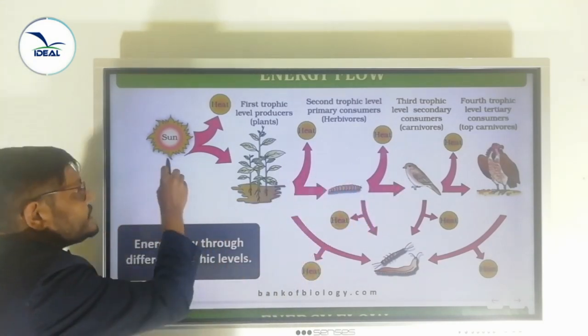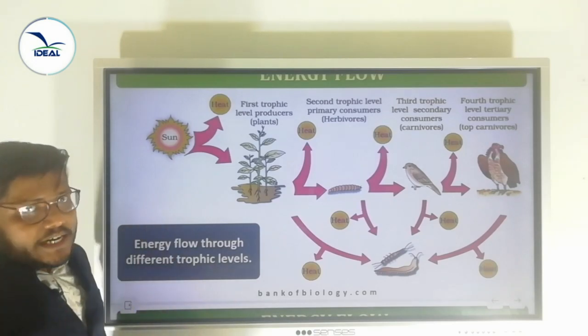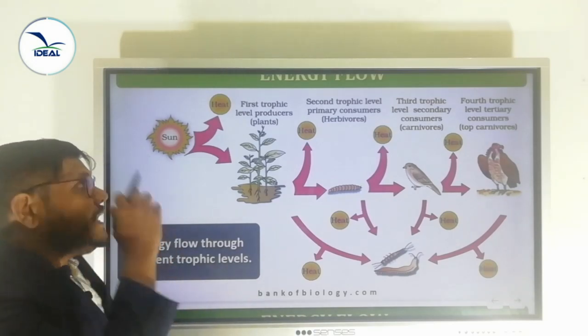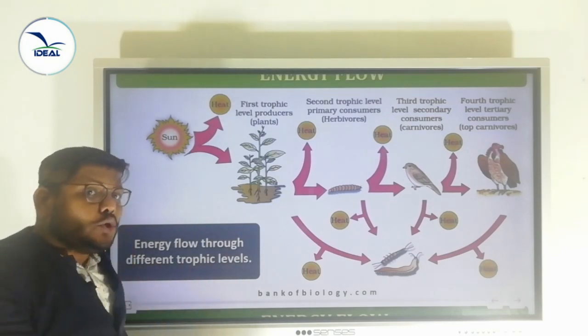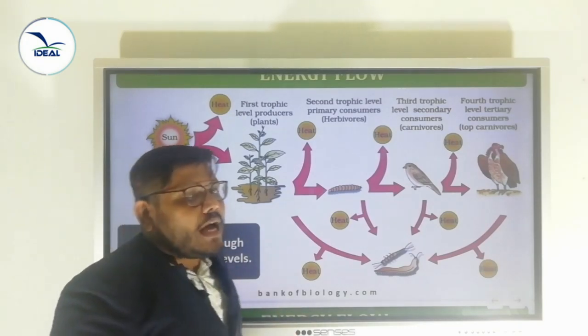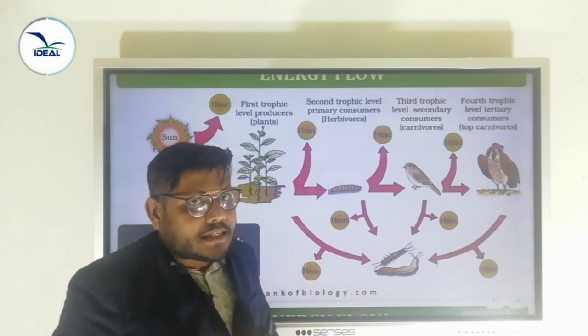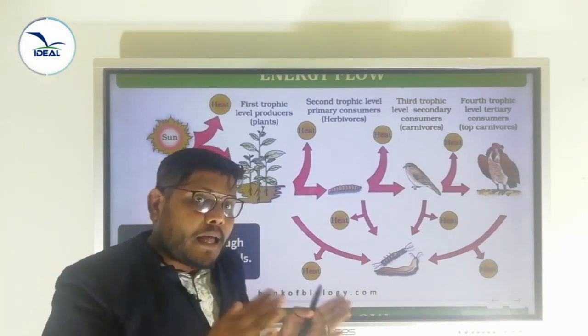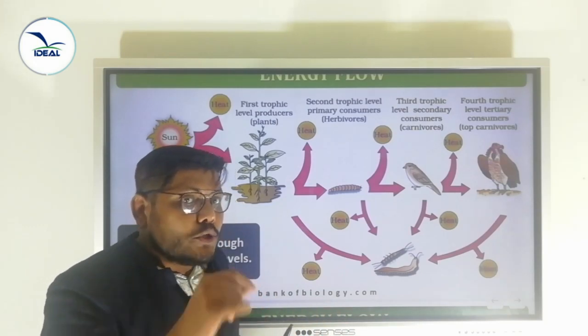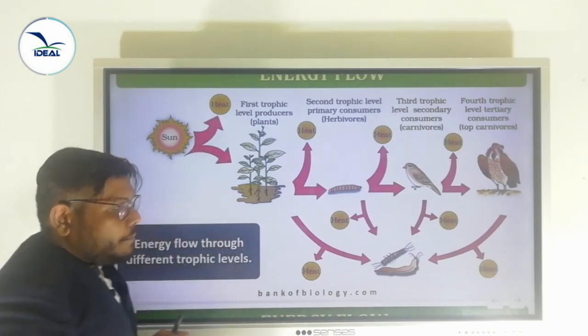We already know that the sun is providing light energy. Is it clear? From that light energy, plants use only 2 to 10% of the PAR. Is it clear? Total PAR is less than 50%. Plants consume only 2 to 10% of the total PAR.